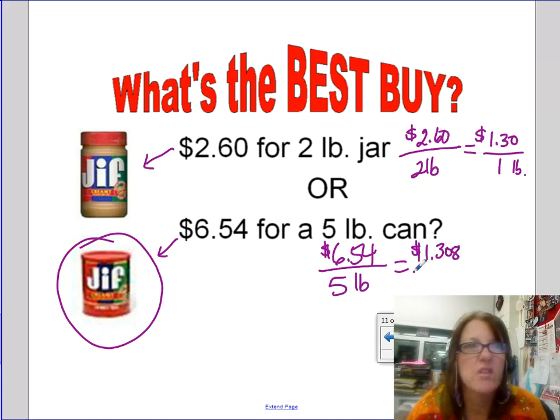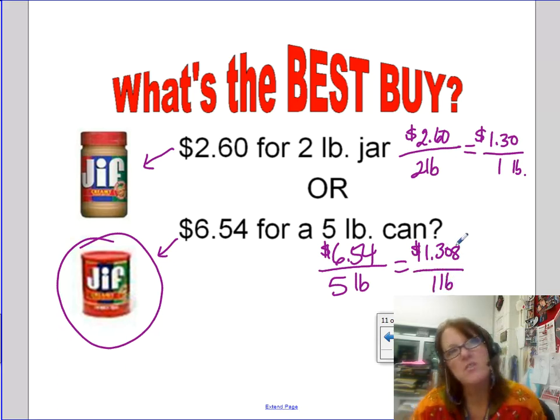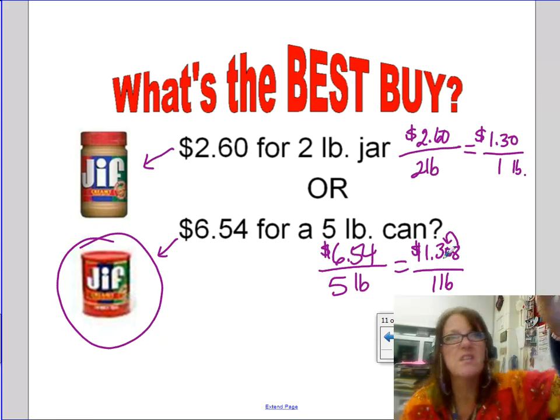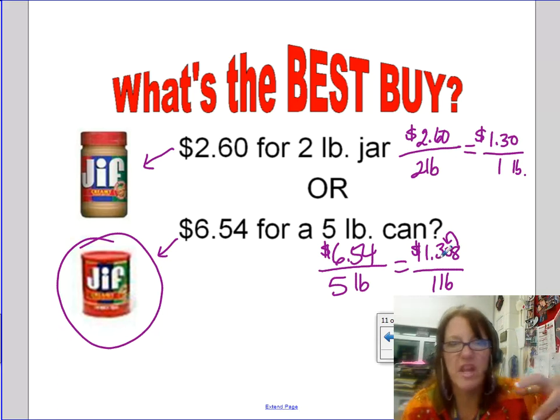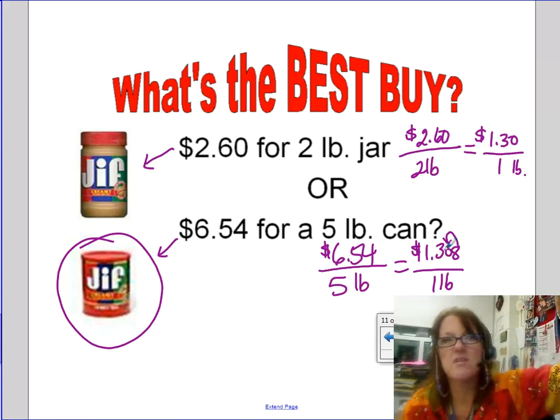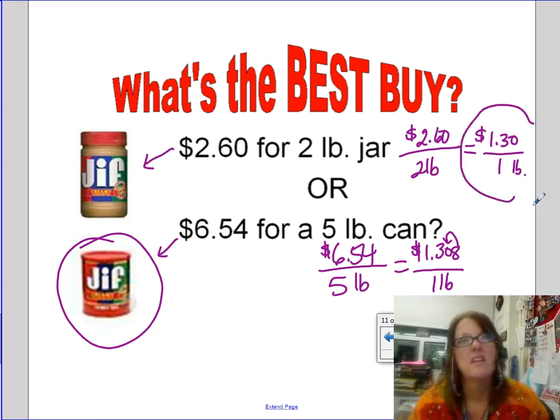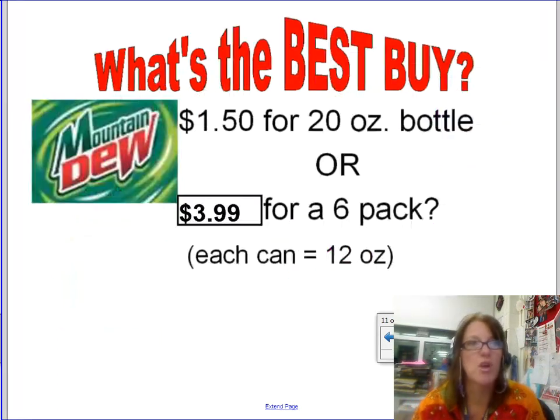Now, I know money usually only goes to the hundredths place, and this would force it to round up to $1.31. The big point here is, even though it's a bigger can, it actually costs more per pound, not a lot, but a little, than the smaller one. The small jar is the better buy. It's actually cheaper per pound.